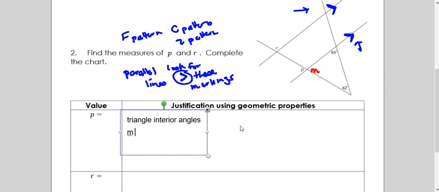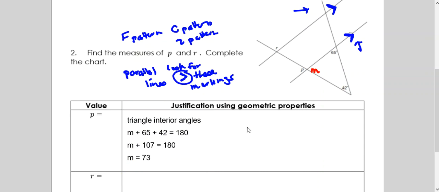We can go M plus 65 plus 42 equals 180. If I look at that, I can say 65 plus 42, so that's 107, equals 180. Then I can do inverse operations to subtract that off, so that is 180 minus 107, 73. Awesome.